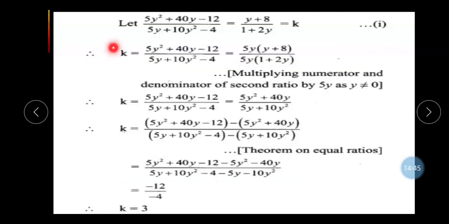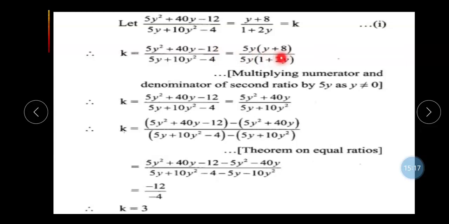Now let us assume that the whole ratio is equal to k, and let us give it as equation 1. Now multiplying the numerator and denominator of the second ratio by 5y as y is not equal to 0, we get (5y square plus 40y minus 12) upon (5y plus 10y square minus 4) is equal to (5y into y plus 8) upon (5y into 1 plus 2y).